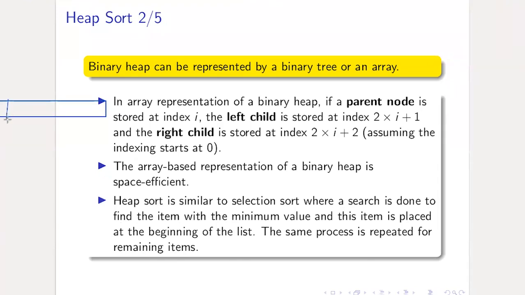You store the root in the first one, and then the second and third are its two children, and then for this particular element, its left and right will be here.